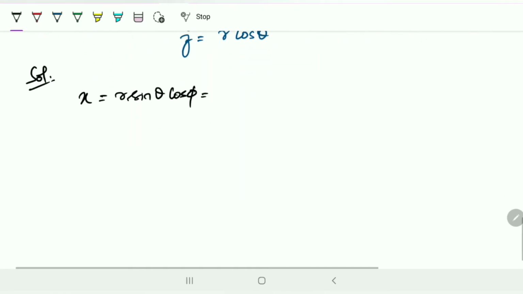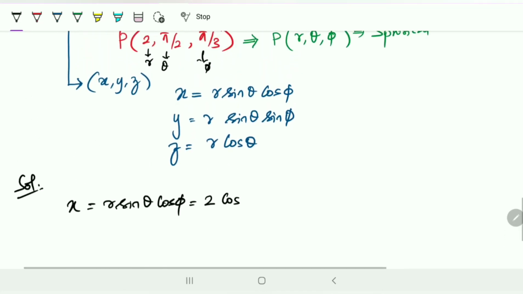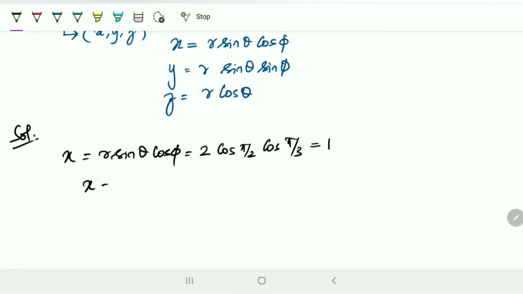Okay, so now let me substitute it. The value of r is 2, sin theta is sin pi by 2, and cos phi is cos pi by 3. When you solve this, you will get an answer of 1. So the value of x is 1.